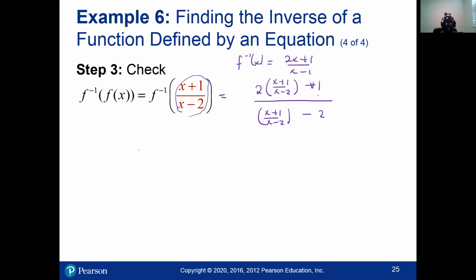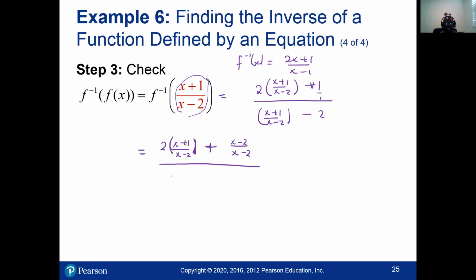We have to find a common denominator for that. So we're going to write this as 2 in parentheses x plus 1 over x minus 2 for the numerator, and then the common denominator will be x minus 2 over x minus 2. That is for only the numerator.